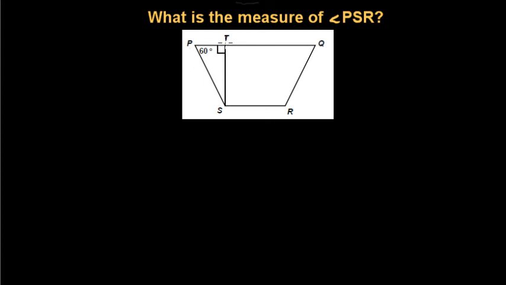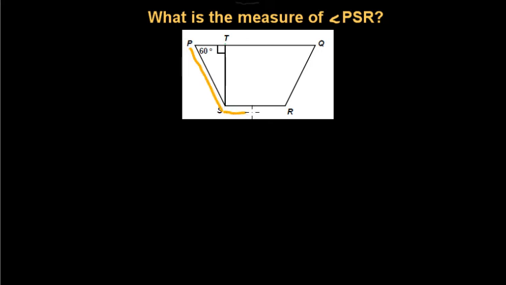Triangle is P to T to S and to R. Okay, so we're going to use our clues that we're given to solve for this whole thing. So what we're trying to really identify is angle PSR. So P to S to R.